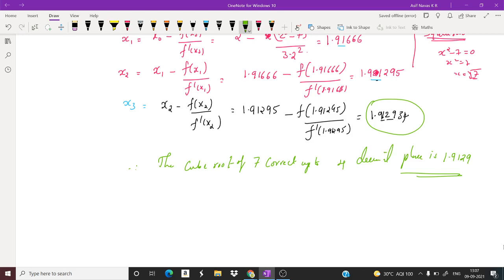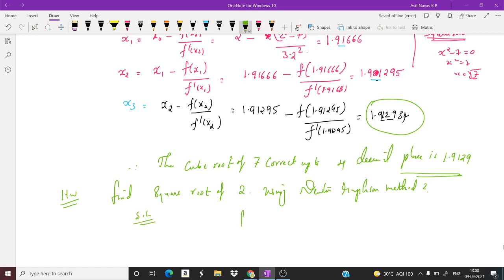Newton-Raphson method is a method to find the solution of an equation. So, homework: find square root of 2 using Newton-Raphson method.